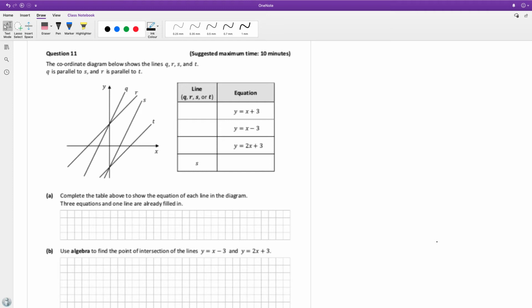So tell me what the slope of each one is, and tell me where it cuts the y-axis before we start.